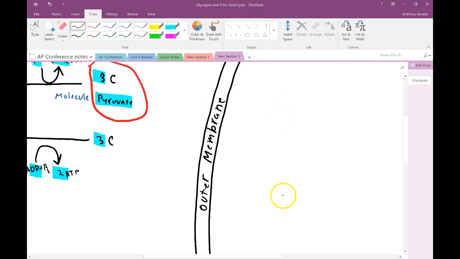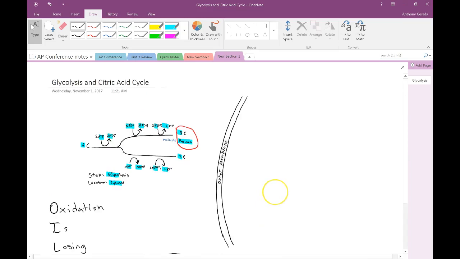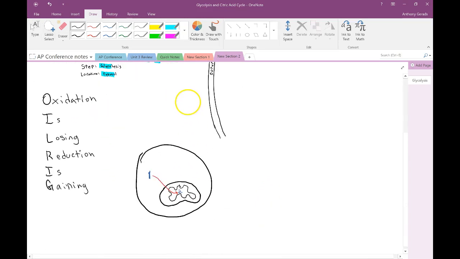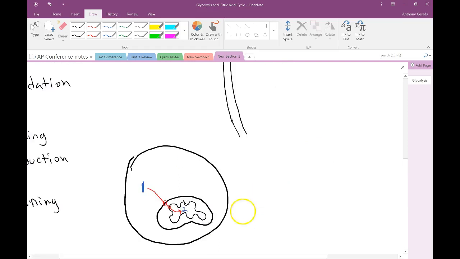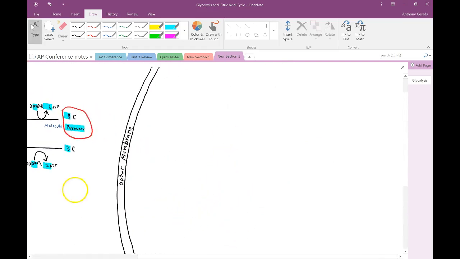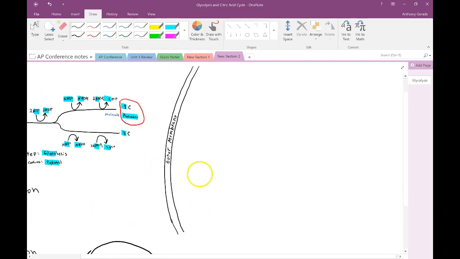So this is the outer membrane of the mitochondria. If you look right here on this mitochondria, I've got 2 membranes: this membrane and this membrane. So I've got an outer membrane and an inner membrane. I just drew the outer membrane. All right, so now I need to draw the inner membrane.